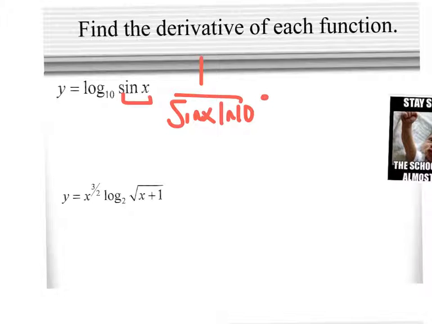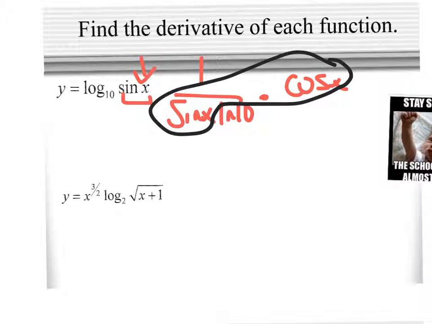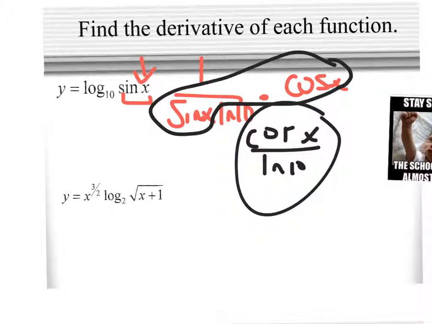But then you have to do times the derivative of what's inside here. It's kind of like chain, right? It is chain. So times the derivative of sine of x, so it's cosine of x. You could leave it as cosine of x over sine of x ln of 10, or cosine x over sine of x is cotangent of x. That's a cotangent over ln of 10. Beautiful, gorgeous, that is it. If you left it like it was originally, that's fine too.